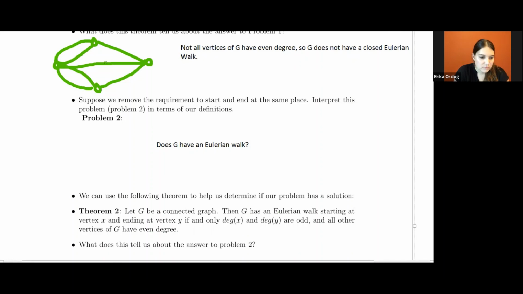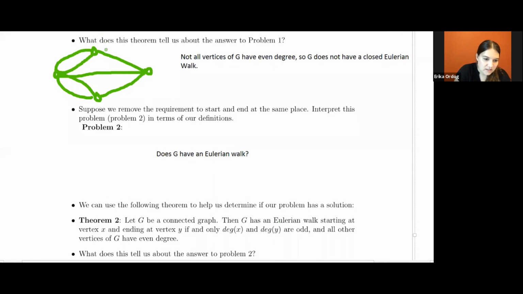Okay, so let's look at the degree of each vertex. This vertex here has degree 3. This vertex has degree 3. This one has degree 3, and this one has degree 5. So we don't have 2 vertices of odd degree with the others even.